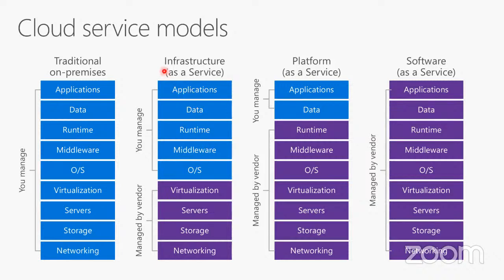In infrastructure as a service, we deal with the OS, middleware, runtime, data, and application. A few things are already managed by the vendor, in this case Microsoft Azure. Microsoft manages virtualization, server, storage, and networking.